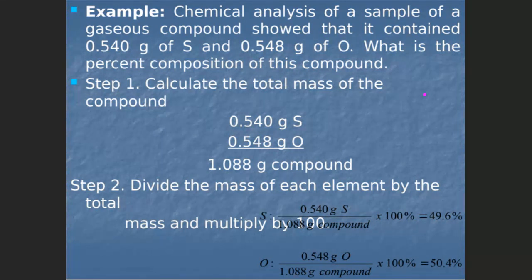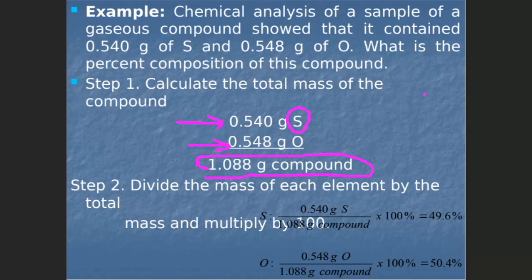How do you do a little less work? Because normally you need to calculate the mass, correct? But if you have this type of example, you don't need to calculate. You directly put the sulfur amount here, directly put the oxygen amount here, because you already have it. So you have the total of whatever the compound is. Now do the percent composition for the sulfur.